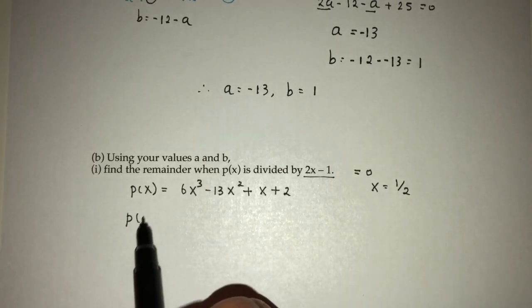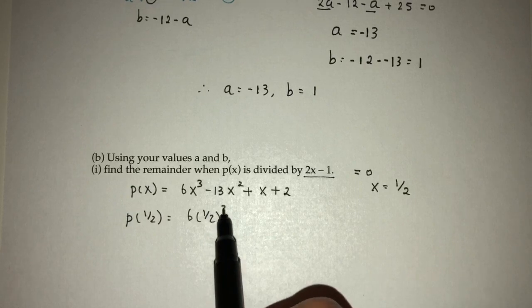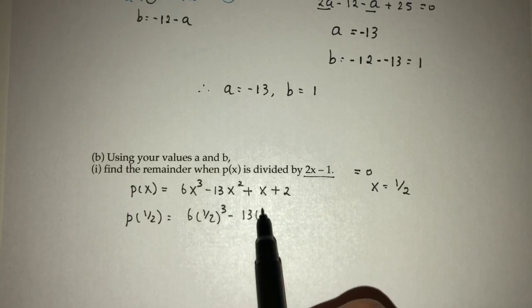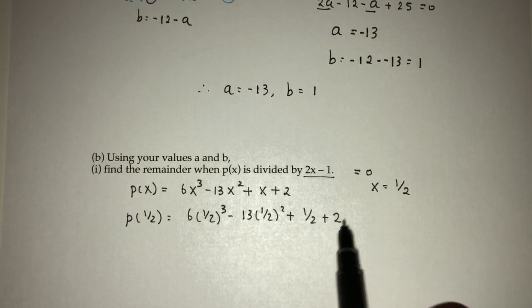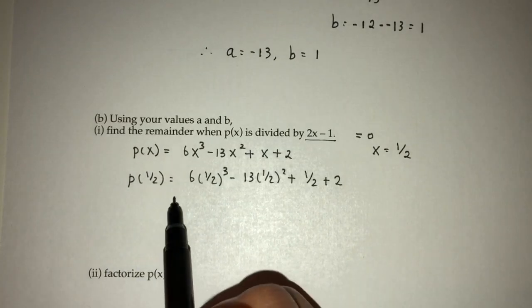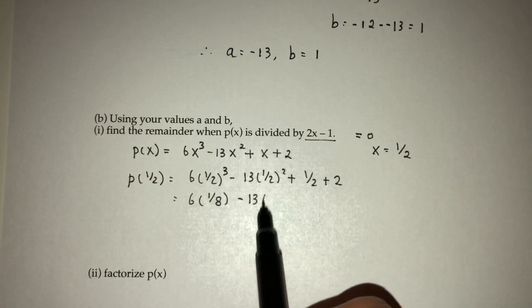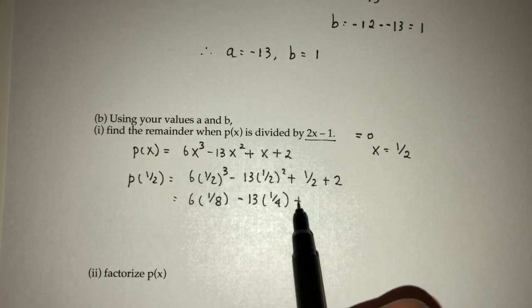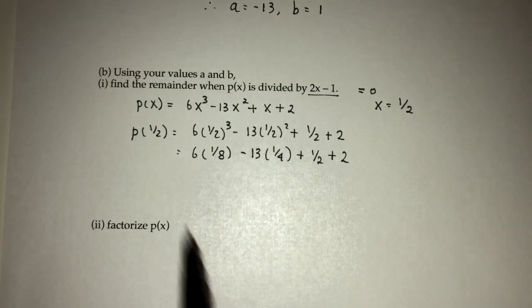So what is p of half to find the remainder? 6 times half cubed minus 13 times half squared plus half plus 2. So you will have 6 times 1 over 8 minus 13 times 1 over 4 plus half plus 2. So let's see what we have.